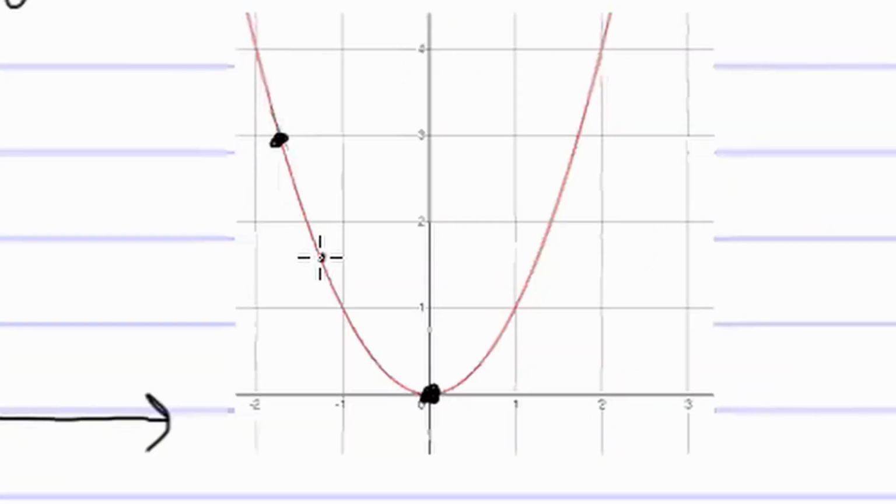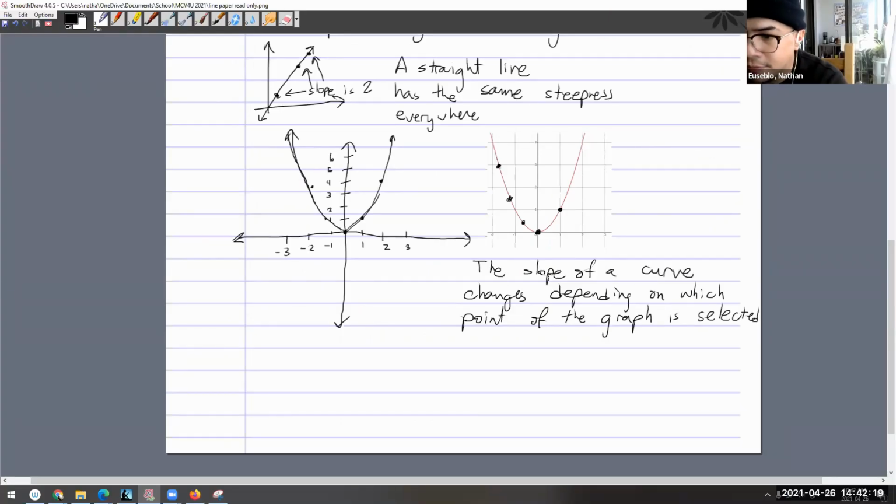Over here it's going down, but not as much because it's slightly curved. And on this side it's positive because it goes up. So the slope of a curve changes depending on which point is selected.